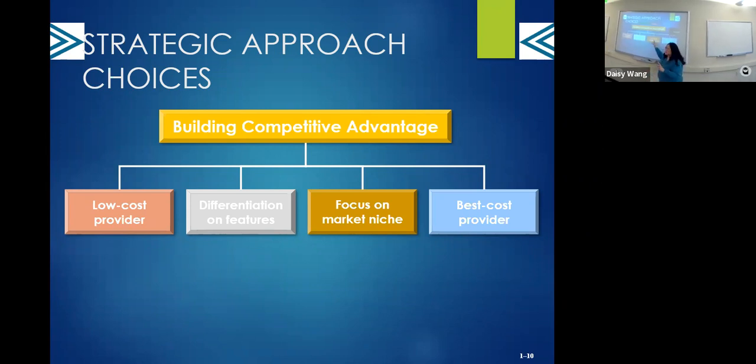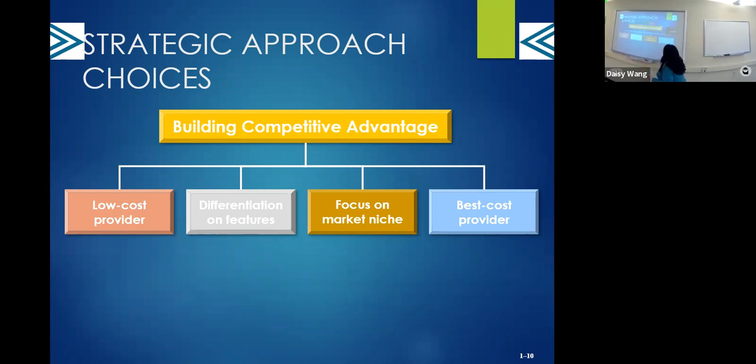Okay, it's a type of differentiation, but instead of focusing on the global market, like I always say, the Chinese grocery I like to go to in Lehigh Valley is a tiny store, and they just focus on the Asian people in Lehigh Valley. Okay, so that's the focus on niche market. And the best cost provider is something in between.